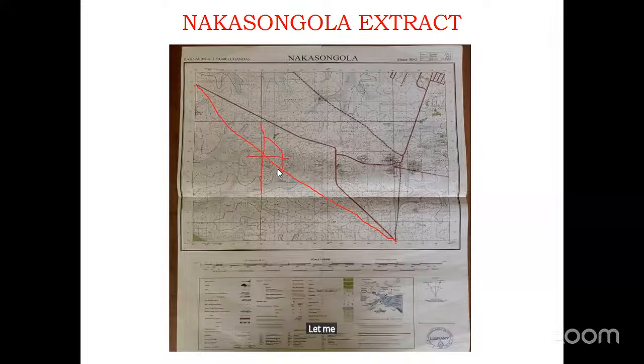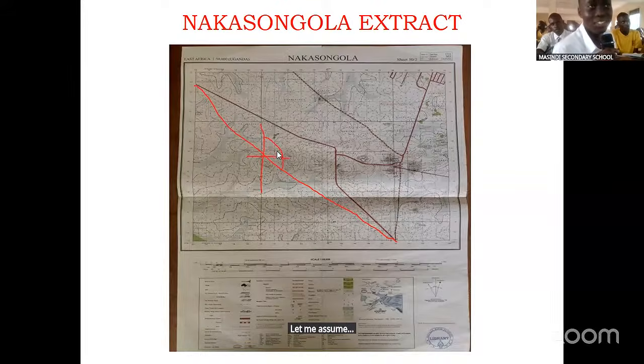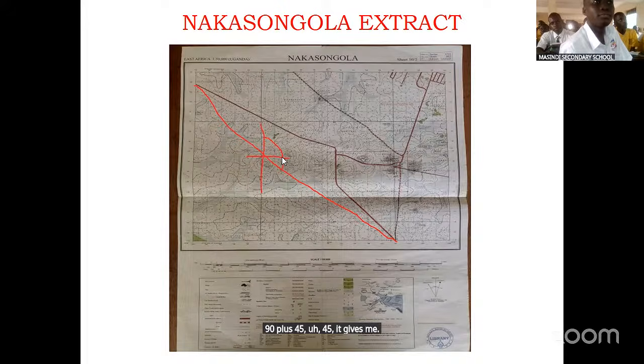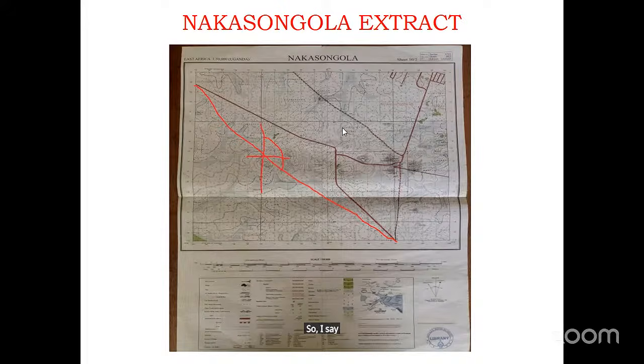Let me assume this angle here is 90. This is half of 90. I'm just assuming. 90 plus 45 gives me 135. So I say trend is 135.